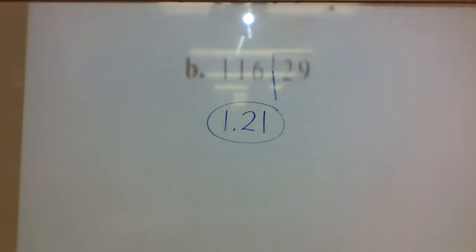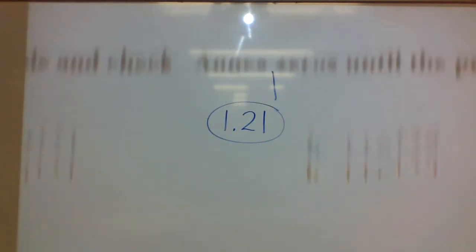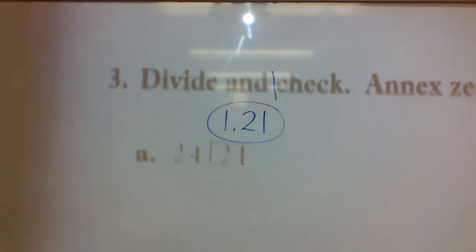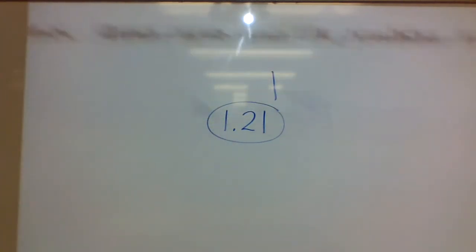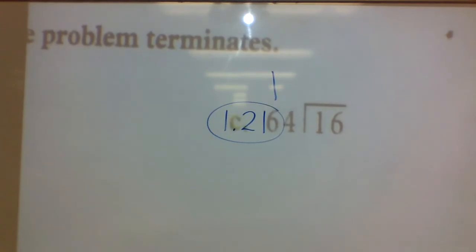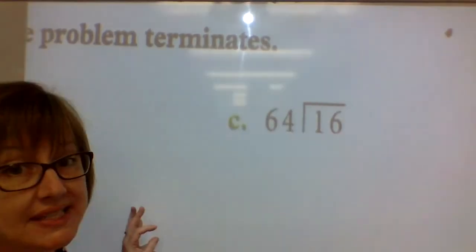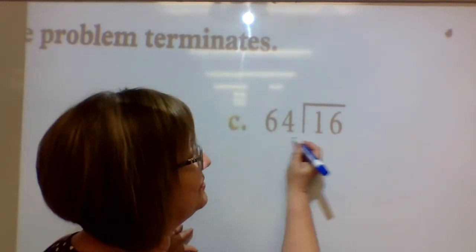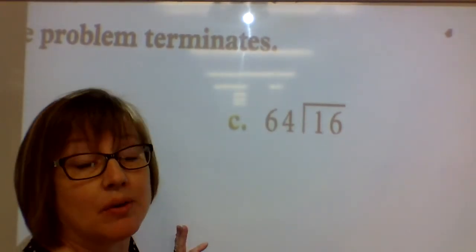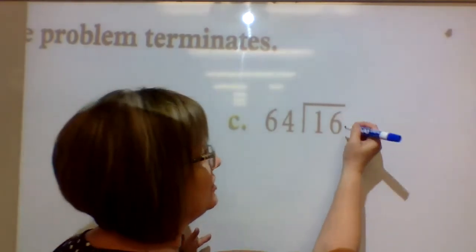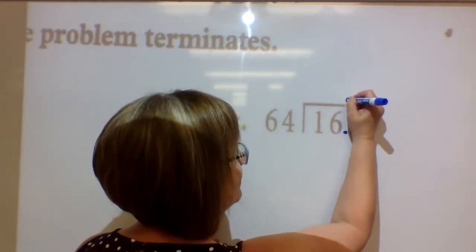Now, let's see, divide and check. Annex zeros until the problem terminates. This is just like yesterday, so I'm going to review with you on the C, because there's only 2 problems. So I'll do it on C. Okay, 64. This time 64 doesn't even begin to go into 16, does it? So you know your understood decimal is right here.